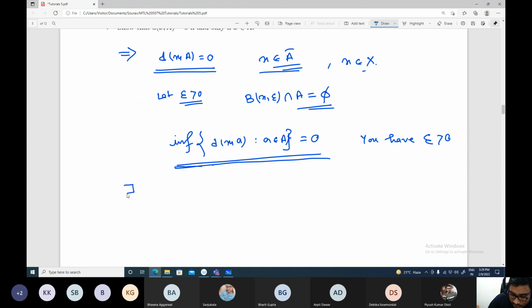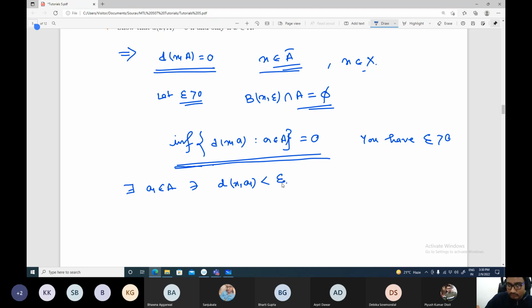There exists A1 belonging to A such that d of x comma A1 is less than epsilon.